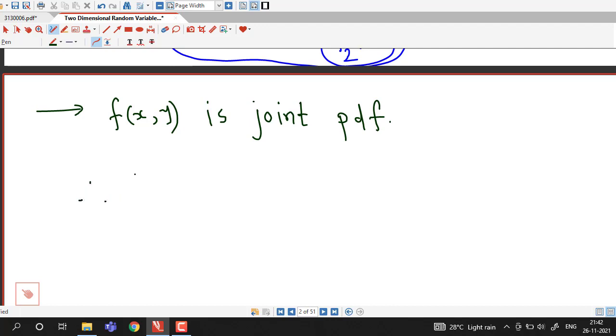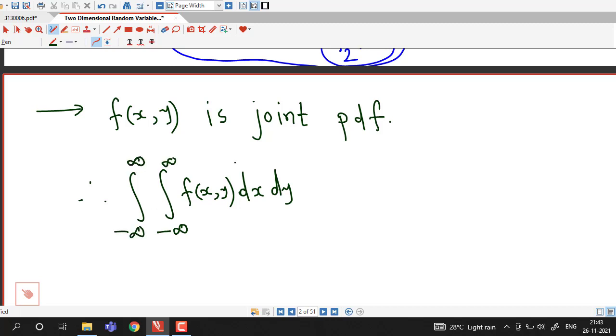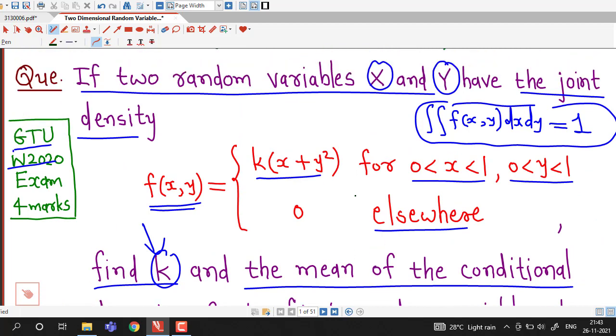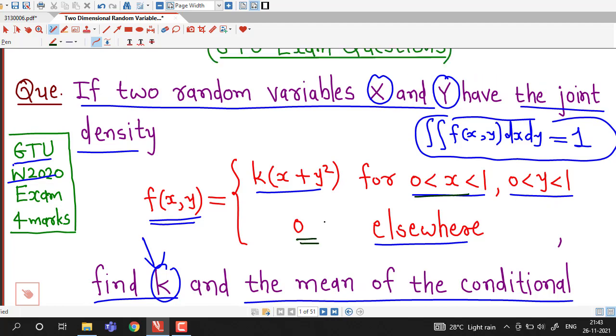Therefore we must have the double integral of f(x,y) with respect to x, y. The double integral is considered over all possible values of x and y. So this must be equal to 1. Now we concentrate on the definition of joint PDF. It is given that the joint PDF is non-zero if x and y lie between 0 and 1 and it is 0 otherwise.